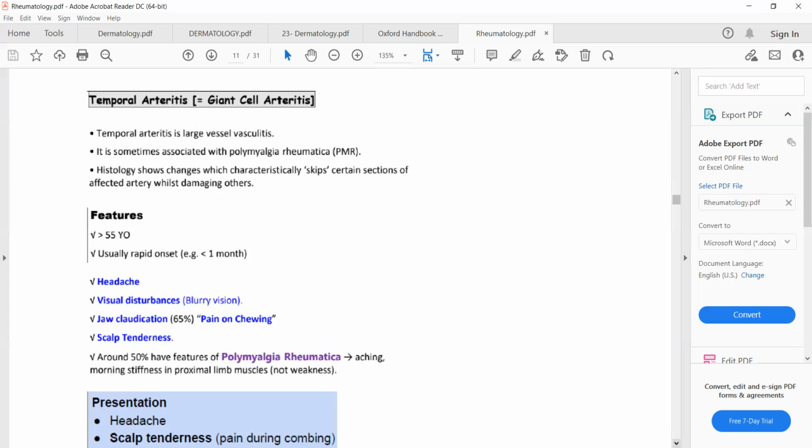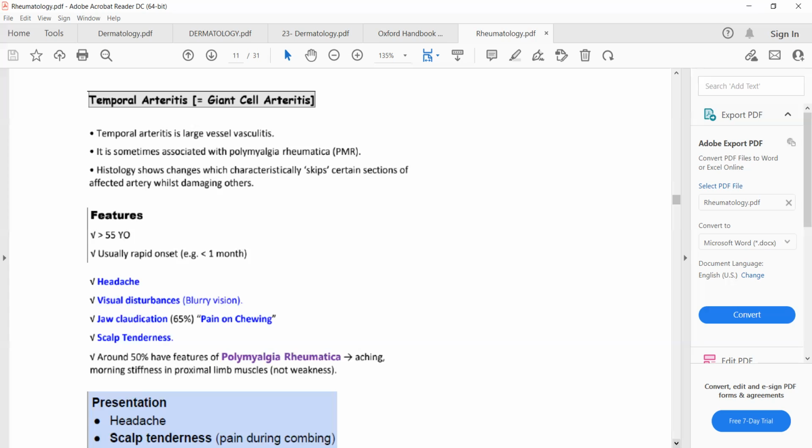Remember that migraine can also present with unilateral headache and visual disturbances, and cluster headache can also present with unilateral headache and visual disturbances. But in cluster headache, there is no jaw claudication or scalp tenderness. So these are two differentiating points on the basis of which you can differentiate it from cluster headache or migraine.